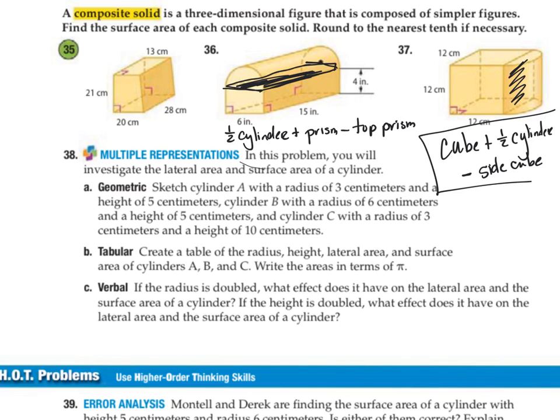Number 35 might make a lot better sense to you if you redrew this. What you're going to do is divide this into two prisms. Bring a perpendicular in here. And then over here, you're going to have a rectangular prism.